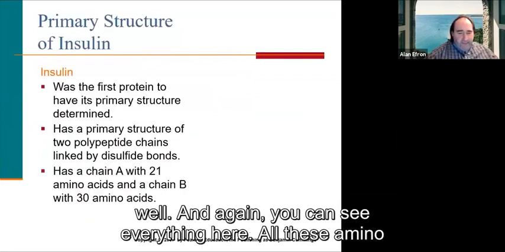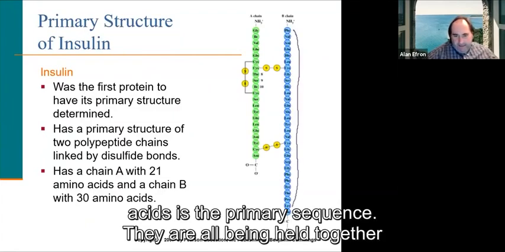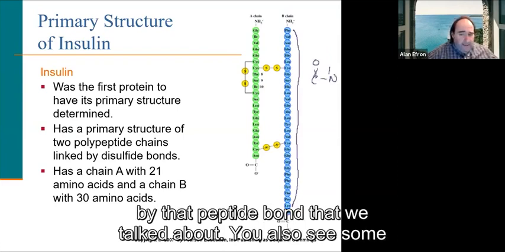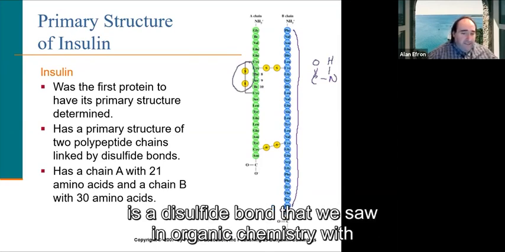Here's insulin as well. And again, you can see everything here, all these amino acids is the primary sequence. They're all being held together by that peptide bond that we talked about. You will also see some of these guys, which is a bond that we also have seen before. It's a disulfide bond that we saw in organic chemistry with thiols.